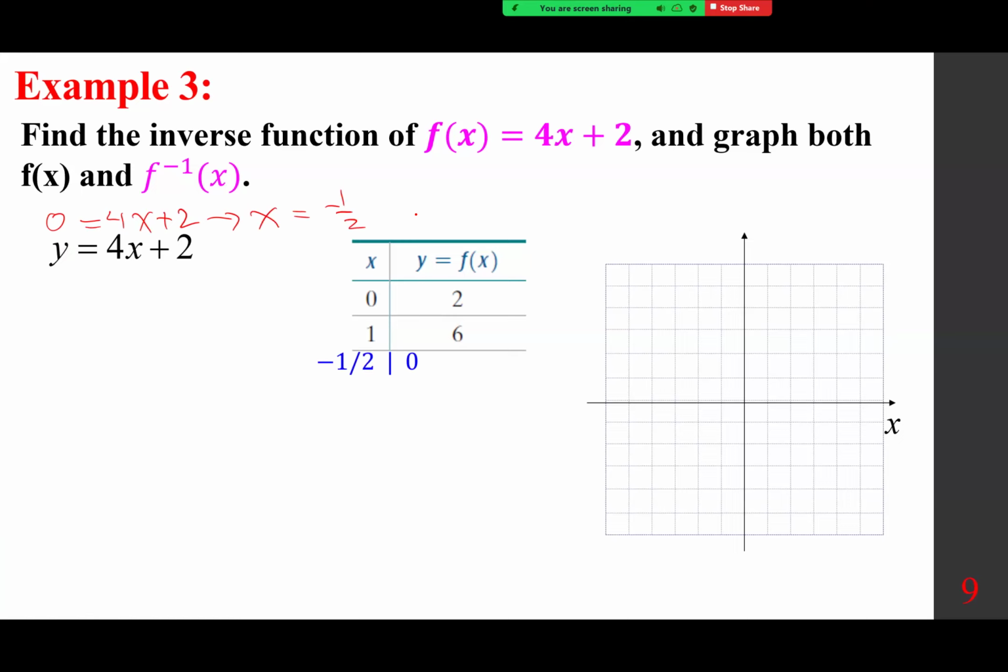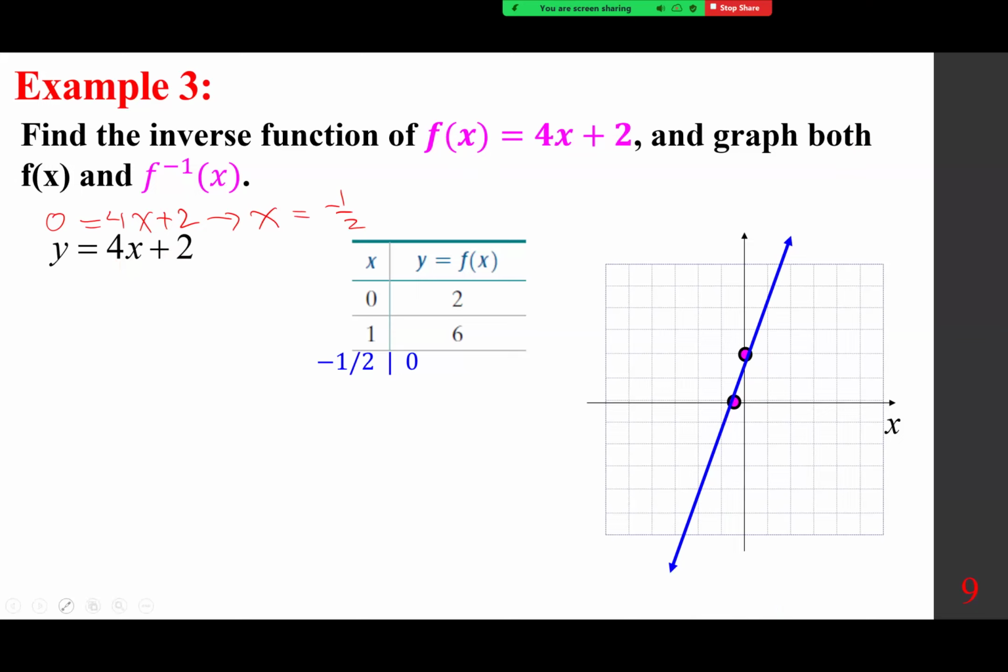And so we can plot (0, 2) roughly here, (-1/2, 0) roughly here, and that's the graph of f of x equals 4x plus 2, or y equals 4x plus 2.